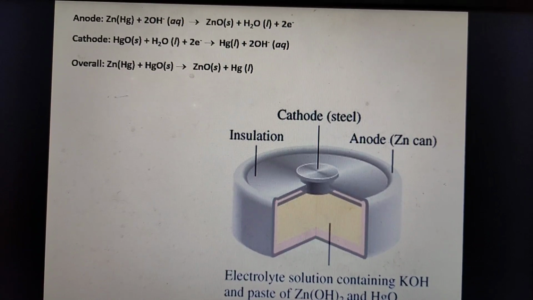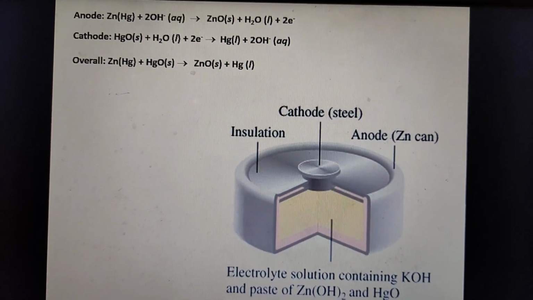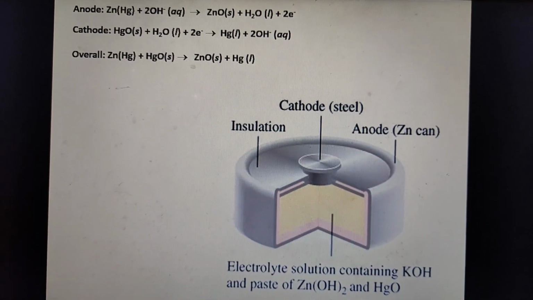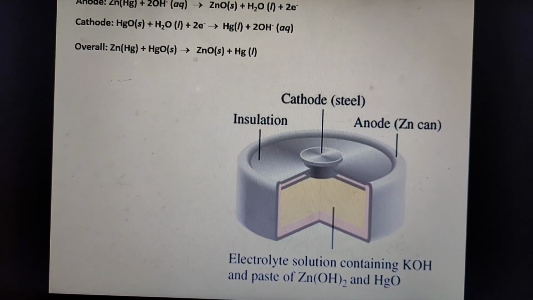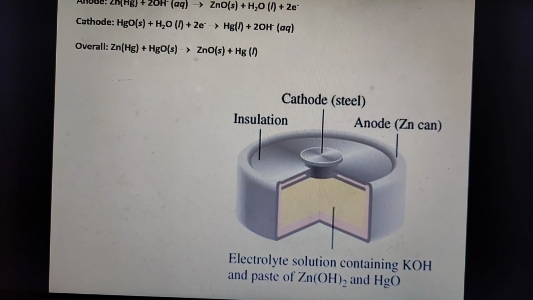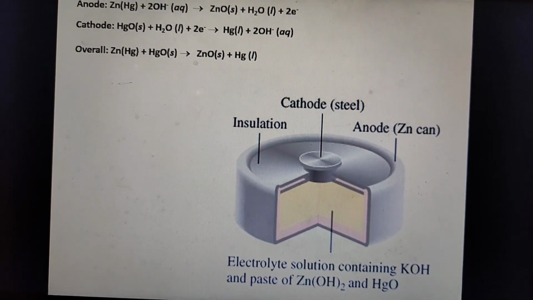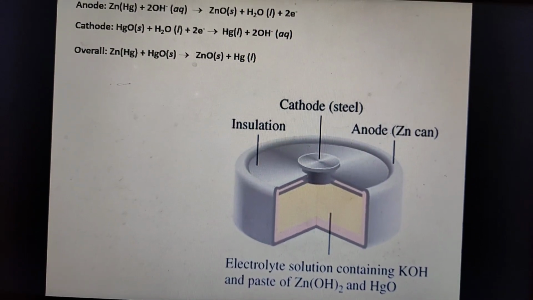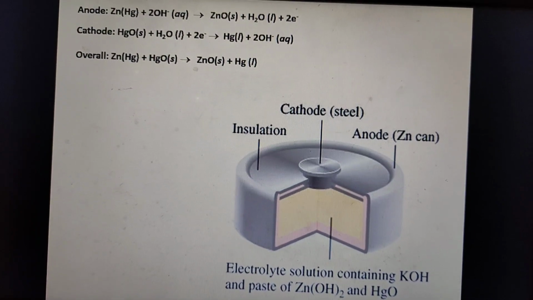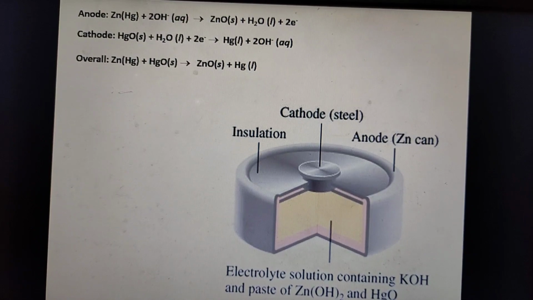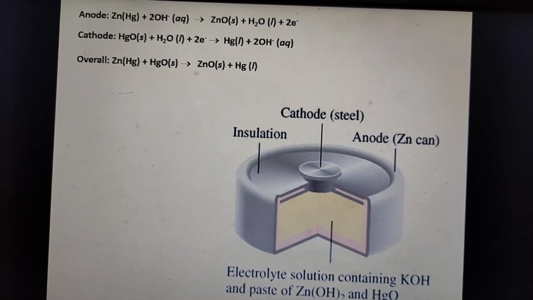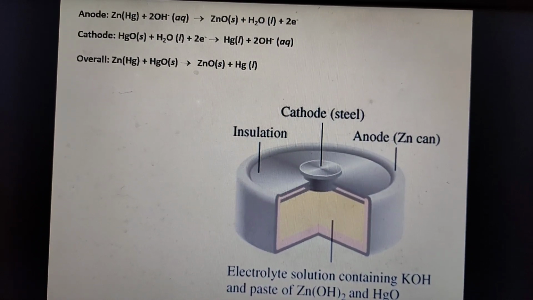Then the anode, you can see the zinc can, and the electrolyte contains potassium hydroxide and a paste of zinc hydroxide and mercuric oxide. Since potassium hydroxide is there, the electrolyte is alkaline in nature. Okay, so these are the reactions taking place in the mercury cell, and it gives a constant voltage.